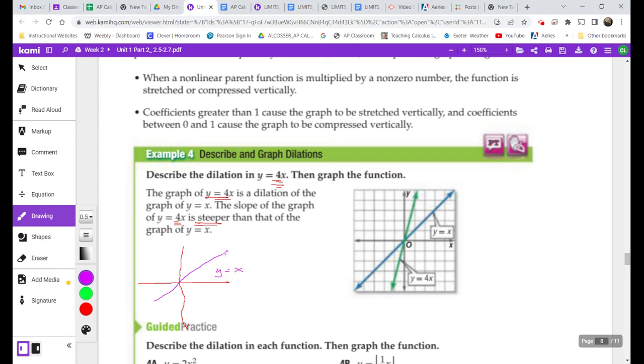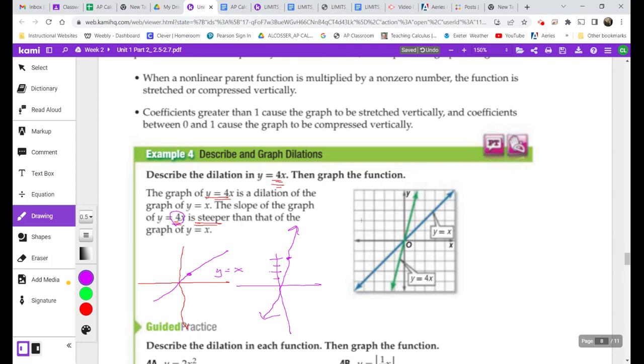But it's telling me now that the 4 is going to make it steeper. So that means for every x value I get a y value, it's got to be bigger, 4 times bigger. So if this one is 1, the new one is at 4. So if I go up to 2, 3, 4, it's just going to be a lot steeper. And so my graph gets a lot steeper. I've got to learn how to draw those better. Okay? So my graph gets a lot steeper.